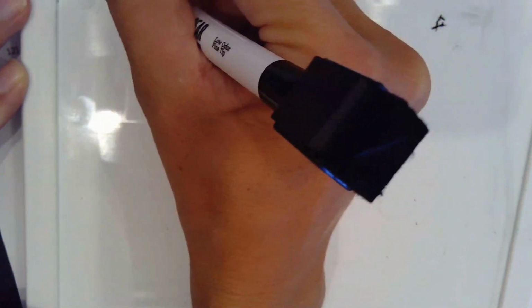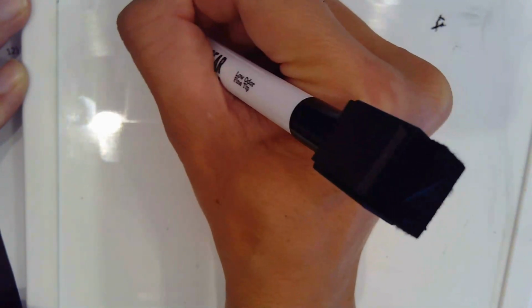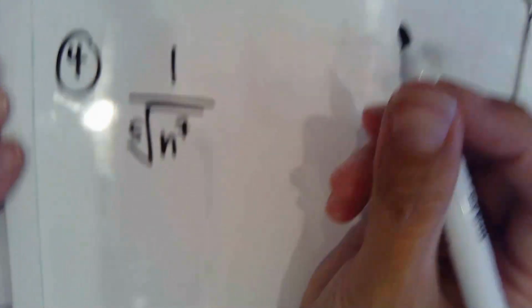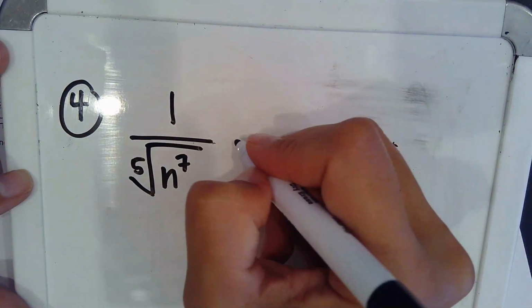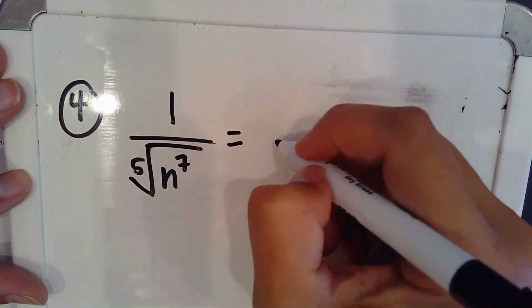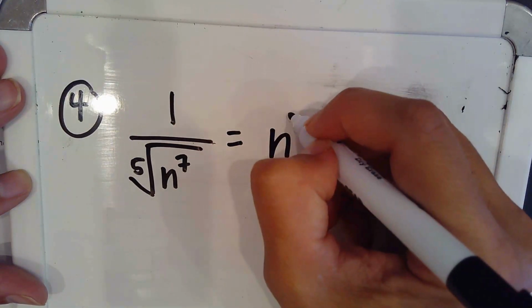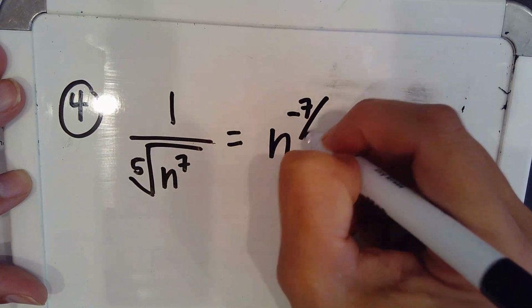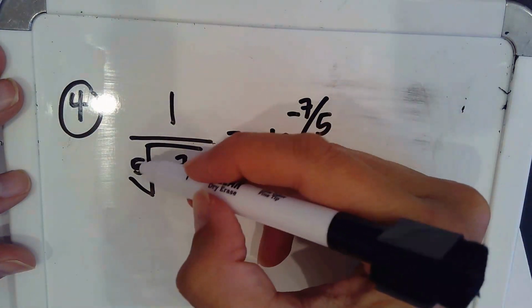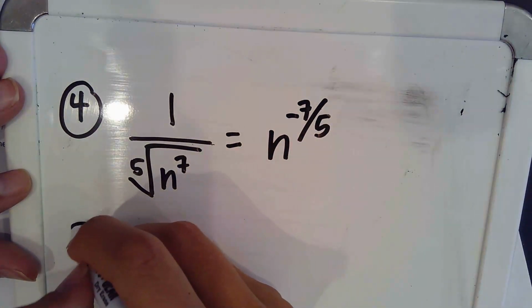So I want you to use exponents here. Just get comfortable with rewriting them in exponent form. Alright, so it's in the denominator, so I'm going to move it to the numerator, and it's going to become a negative 7/5, right? Because this is your numerator and that's your denominator.